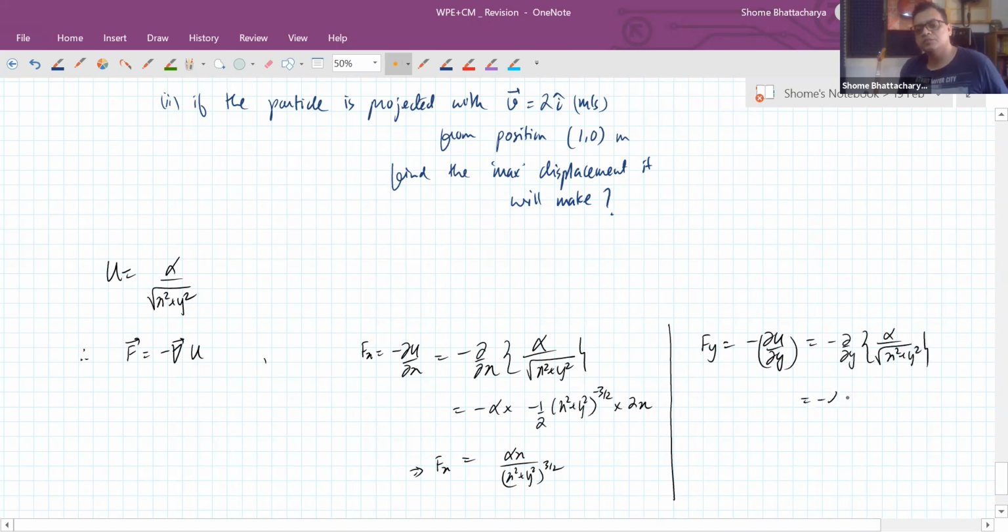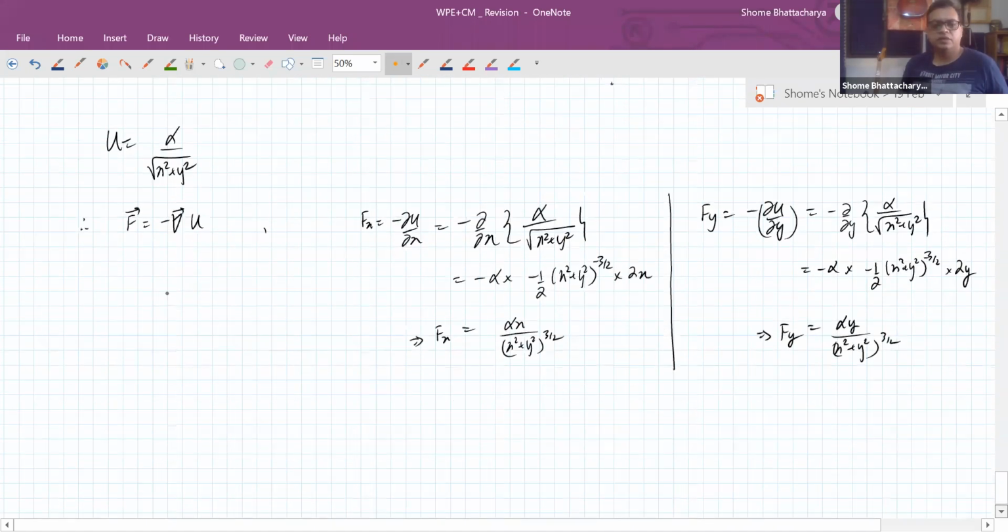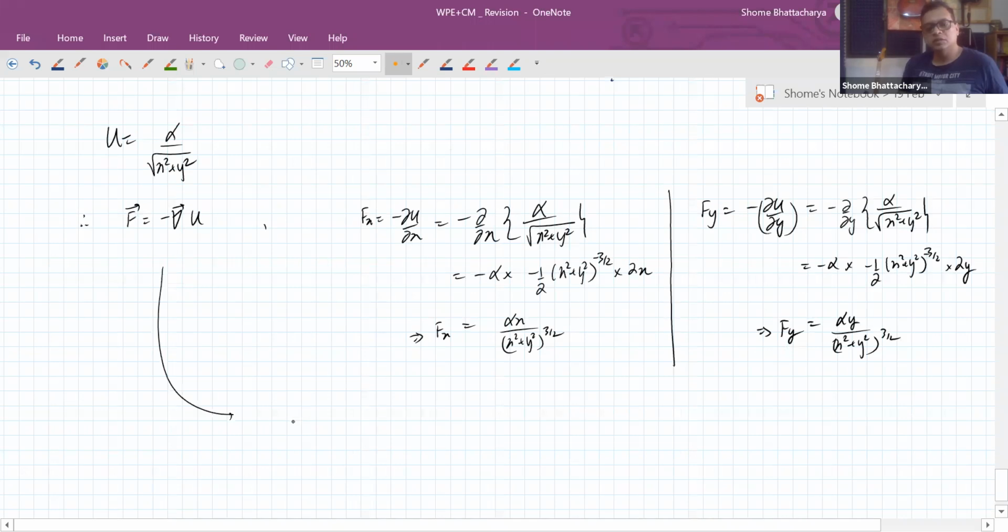So repeating the application, we get this particular expression for the y component of force. So putting together this vector relation now, the internal conservative force is given by this relation.